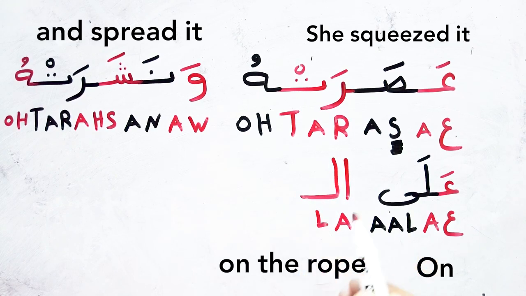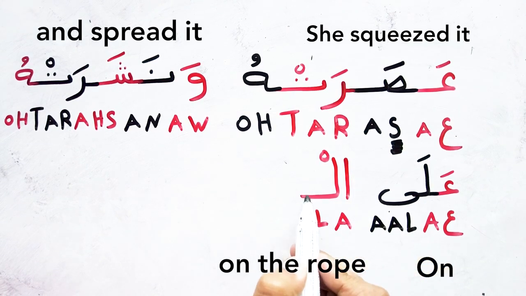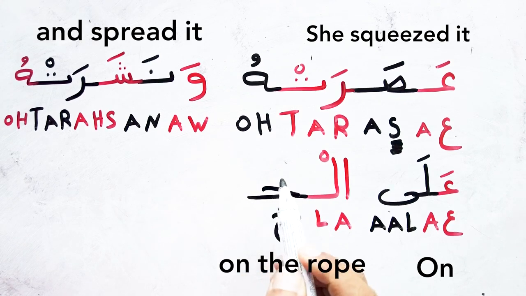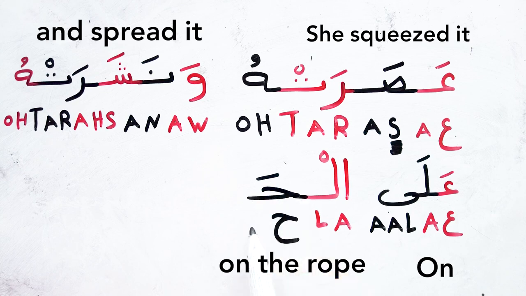L, the sound of L with sukun. I have to pause here. L, ha. So I have now the sound of this letter. It's not H, it's ha. L, ha. As if you clear your throat, okay? Ha. With this mark on the top sounds like A. Al ha. Al hab.